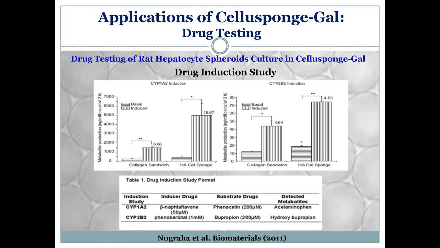On the top, you see two cytochrome P450s, CYP1A2 and CYP2B2 in the drug induction experiment. After induced drugs, Cellosponge Gelatos culture hepatocyte spherules show higher metabolite production than that of the collagen sandwich.